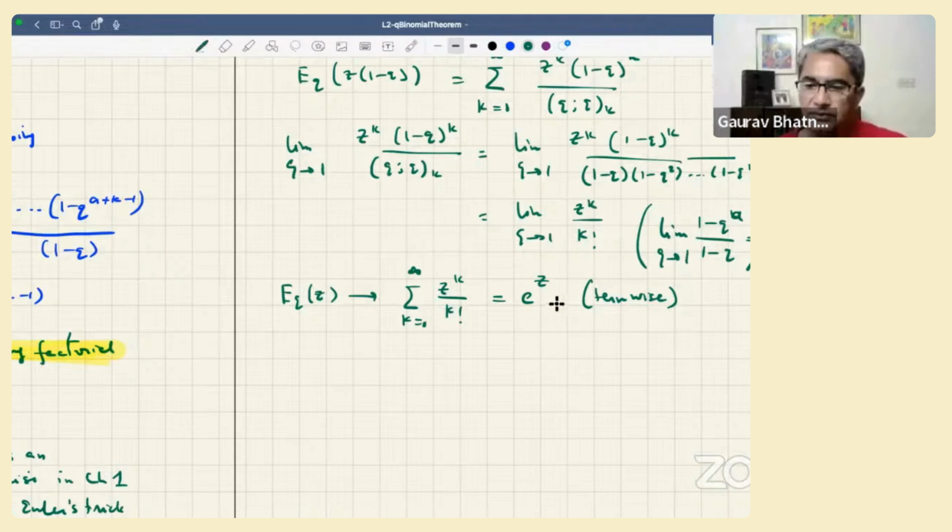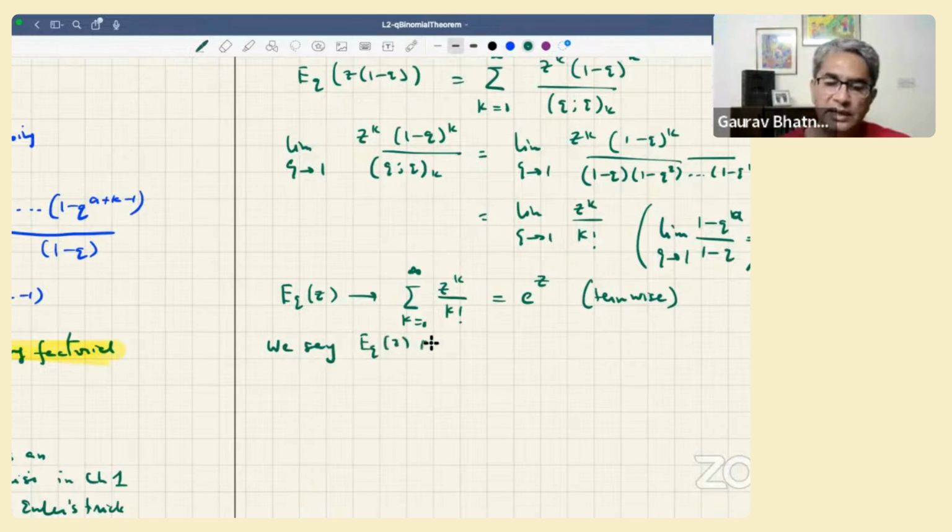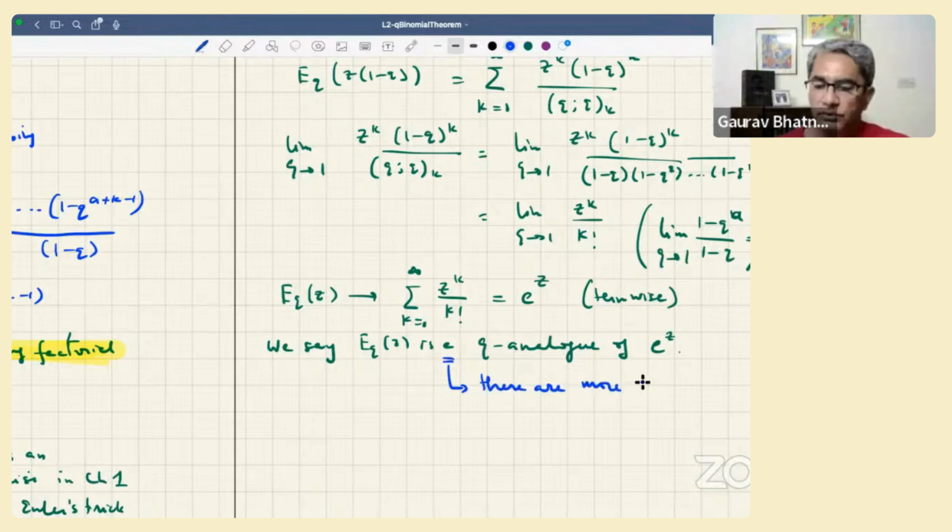So there's no problem in convergence here. And we say E_q(z) is a q-analog of e^z. I say a q-analog because there are more useful q-analogs.